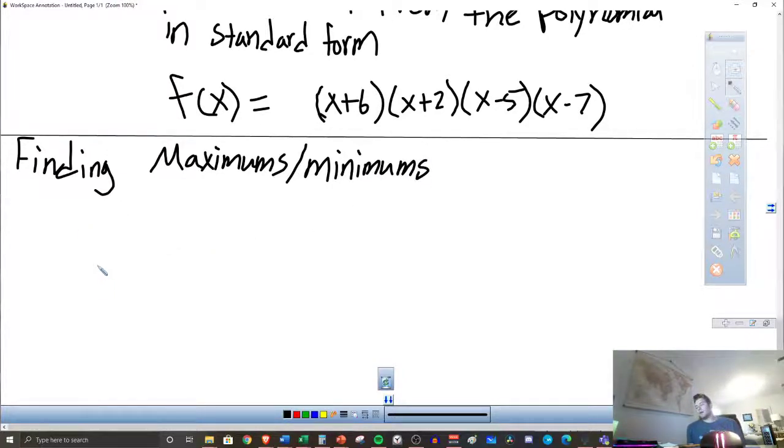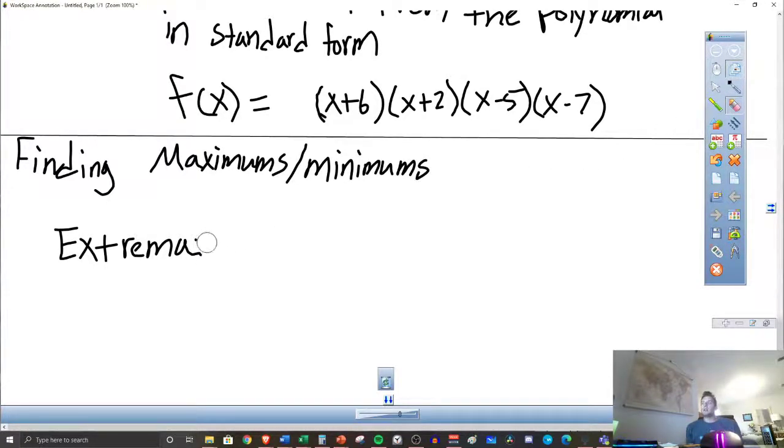In your definitions, you had to define what's called extrema. So you can write that in your definitions. You don't have to write it here in your notes, but if a problem says what are the extrema of the function, we already defined that. They are the maximums and minimums. So extrema are the maximums and minimums of a polynomial.